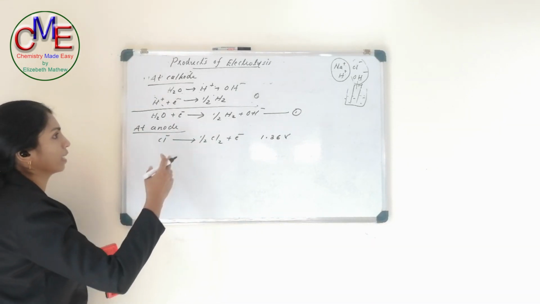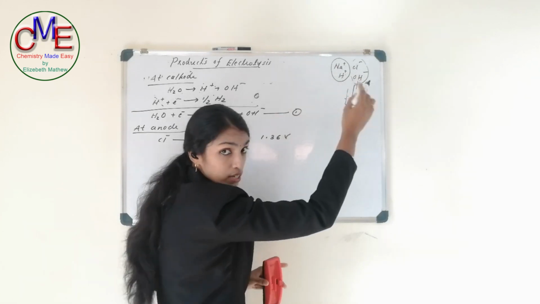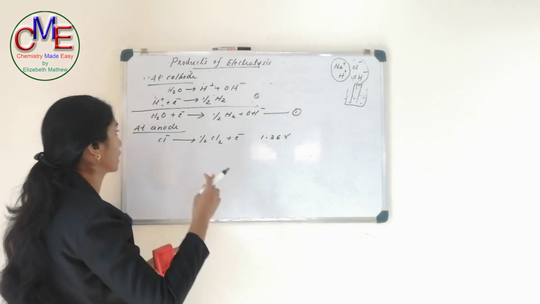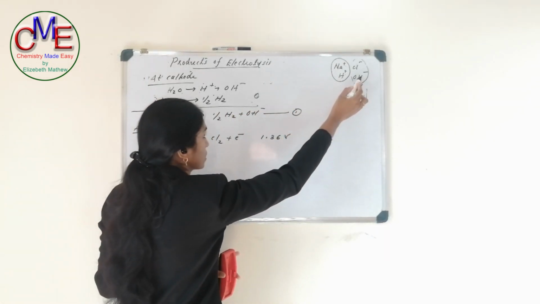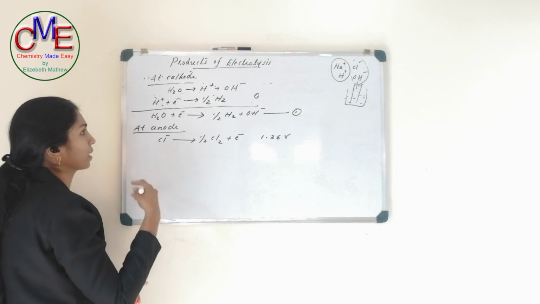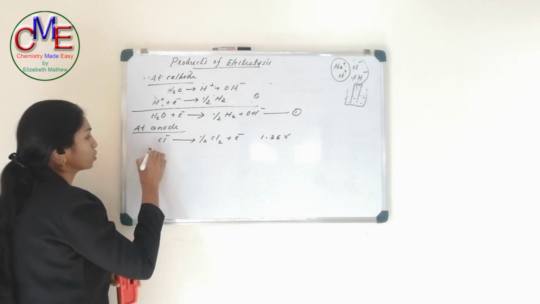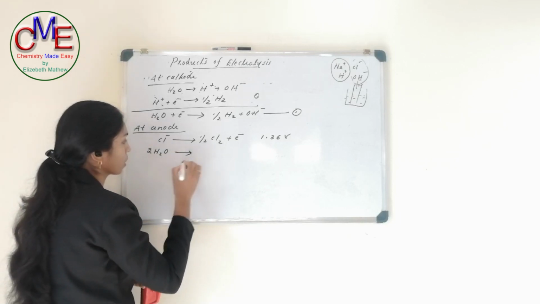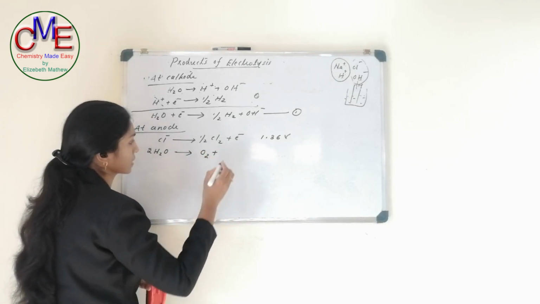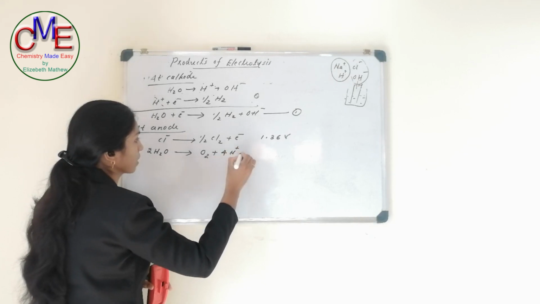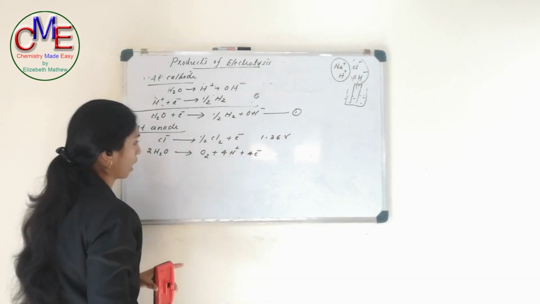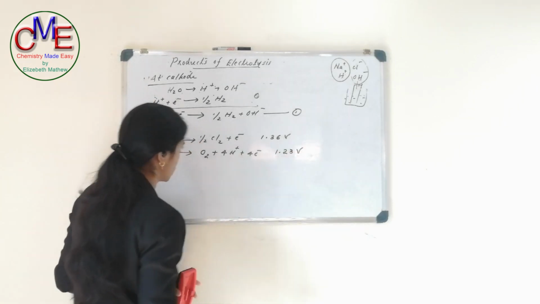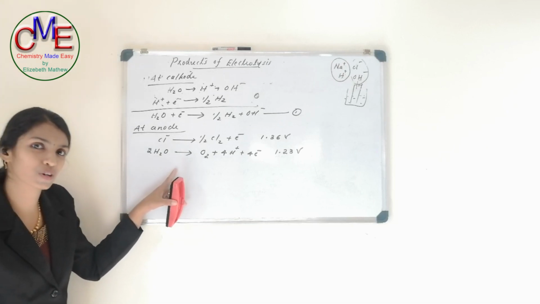Okay, and if OH minus ion moves towards anode, and if oxidation occurs in this OH minus ion, we can write its equation as 2H2O gives O2 plus 4H plus 4 electron, and its potential value is 1.23 volt. How does this equation come from?